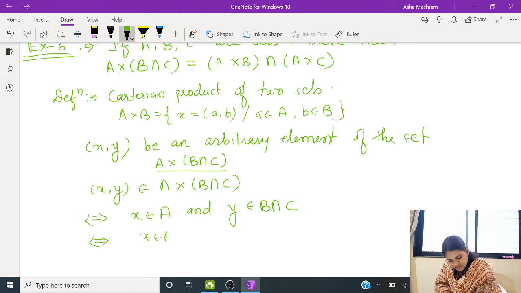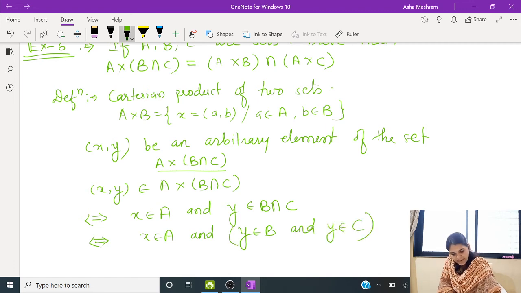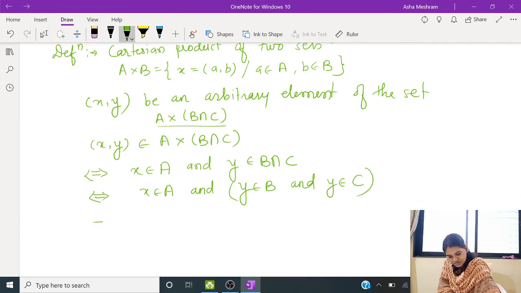x belongs to A as it is, and using the definition of intersection of two sets, this can be written as y belongs to B and y belongs to C, again if and only if. Now I distribute this AND word.